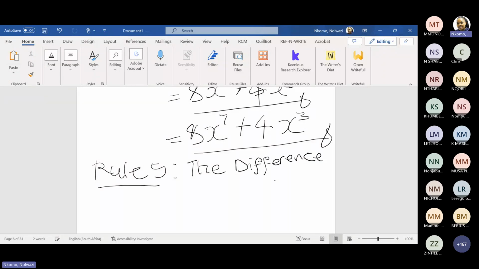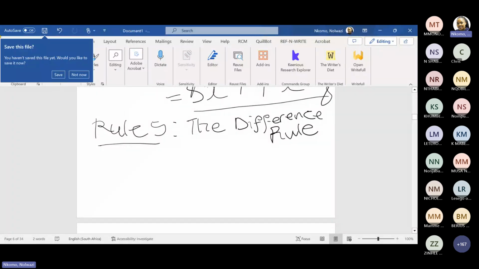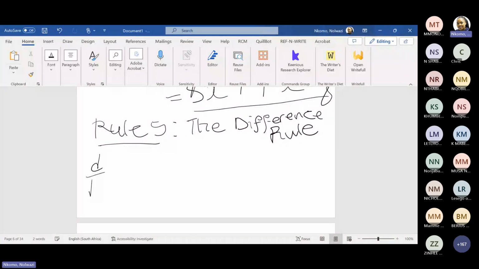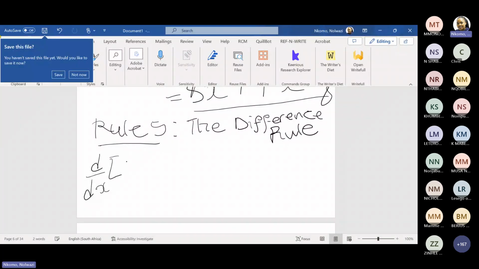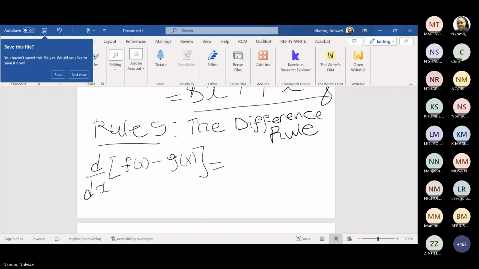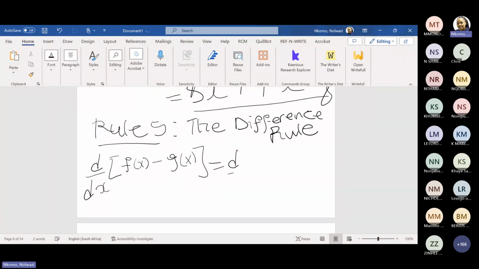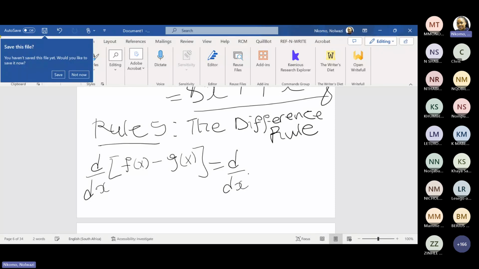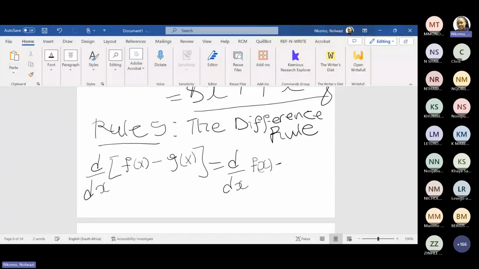If you have two functions f and g and they're both differentiable, then the derivative of the difference of these two functions, you can, okay, the derivative of this function is the same thing as the derivative of f at x minus the derivative of g at x.